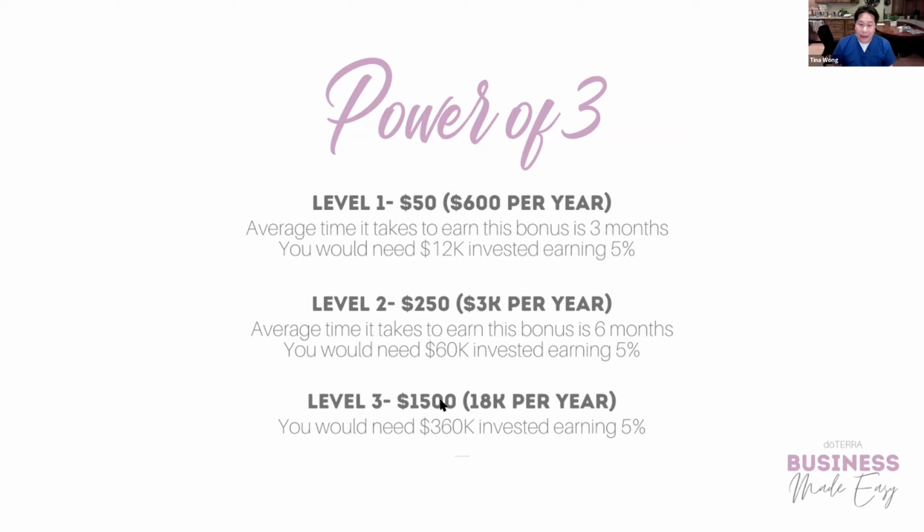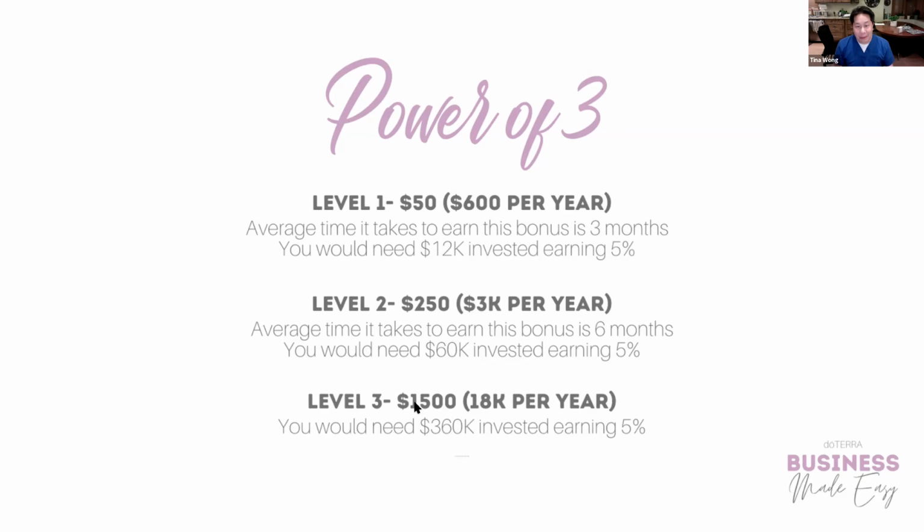Now this is very interesting. If you get your $1,500 bonus, you're making in a monthly bonus annually $18,000 a year. This is just on this bonus, not their other commissions. This $18,000, you would actually need a $360,000 nest egg or stock market portfolio earning 5% in order to earn $18,000 a year.